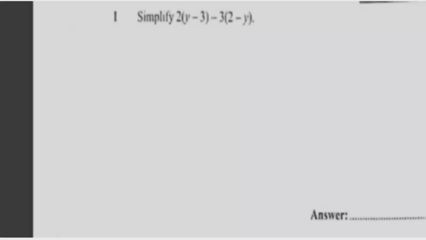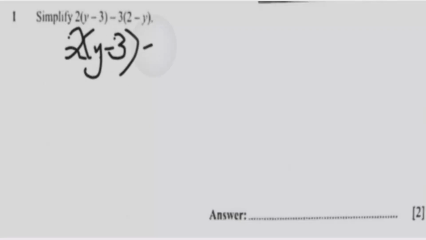To solve this one, what we're going to do first is write the entire expression, which is 2(y - 3) - 3(2 - y).